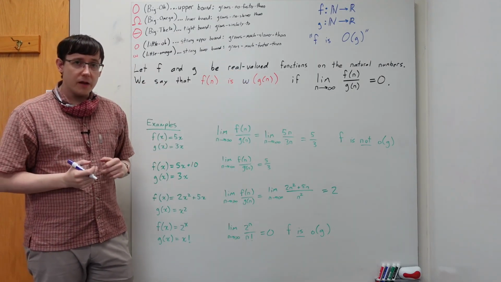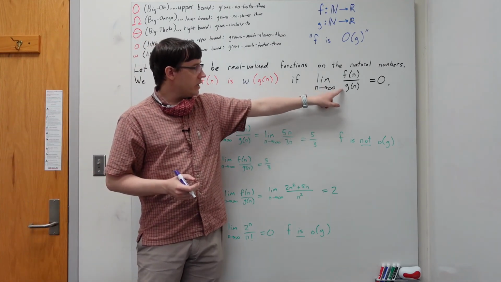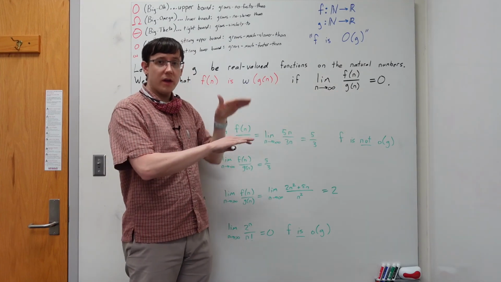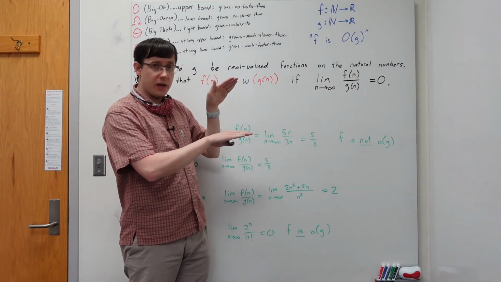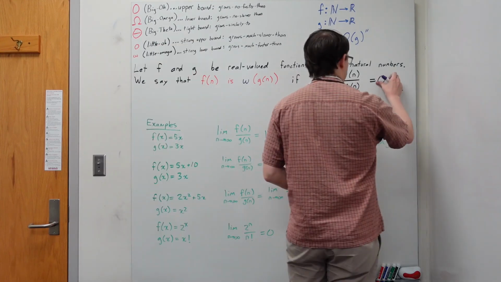For little omega, the definition is similar, except that we want g to be a lower bound for f, so we want f to be larger than g and the gap to be growing. And so that happens if the limit of this ratio is infinity.